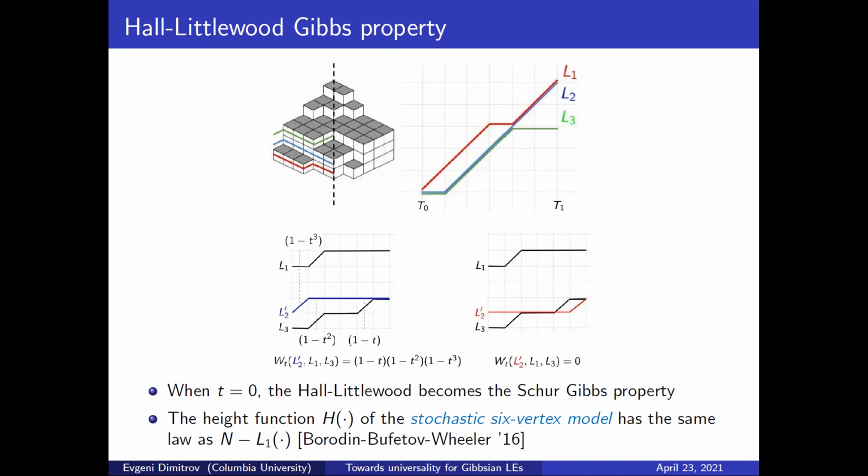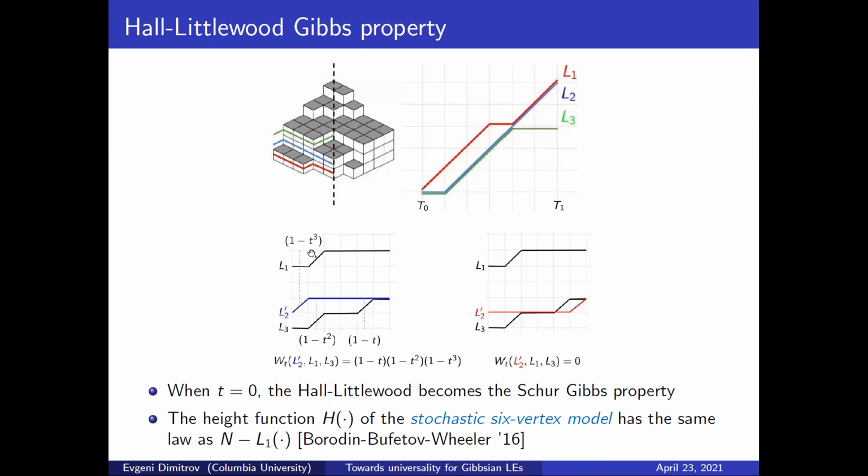Another reason that you might want to study this model, even if you're not big on Gibbsian line ensembles, is that this model is actually connected to what's called the stochastic six-vertex model. If you look at the red curve here and you reflect it and shift it by some deterministic number, then that random curve has the same finite dimensional distribution as the height function for the stochastic six-vertex model.